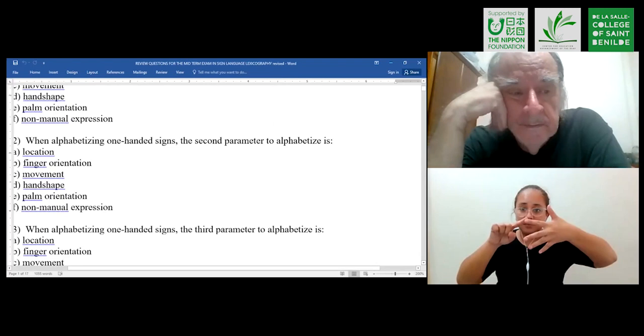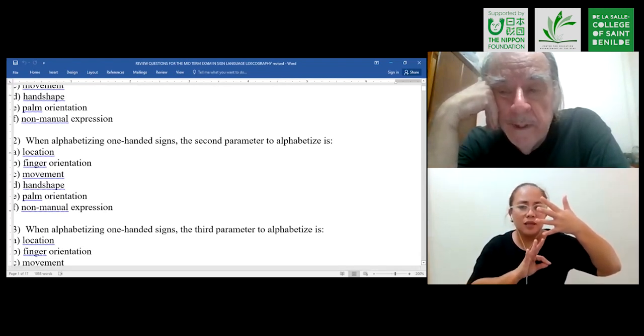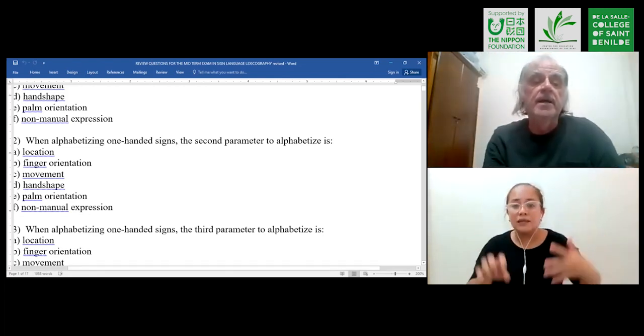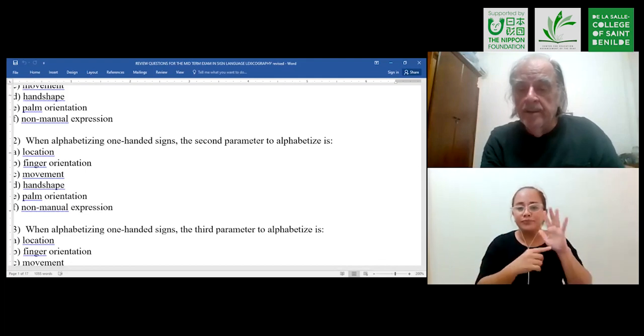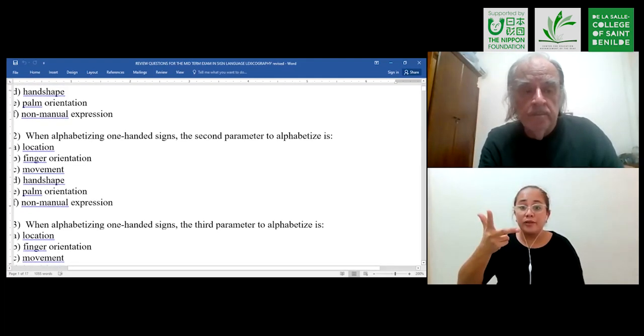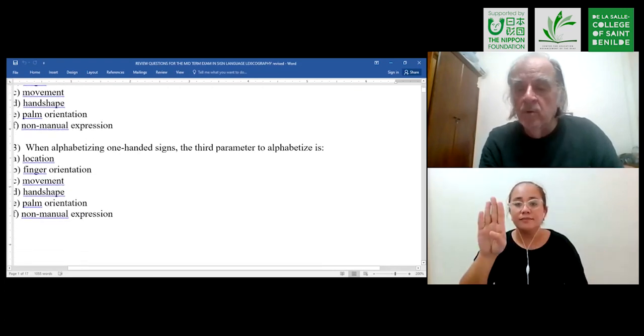E, palm orientation. Okay. And the third parameter is? B as in boy, finger orientation. Yes.